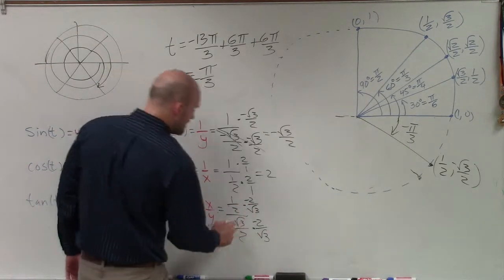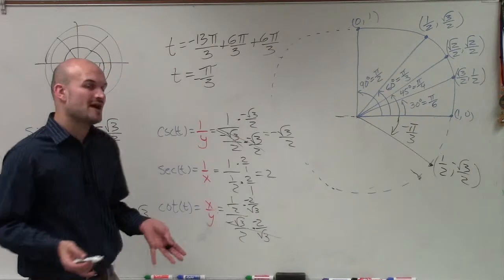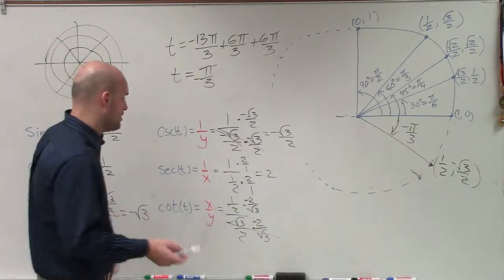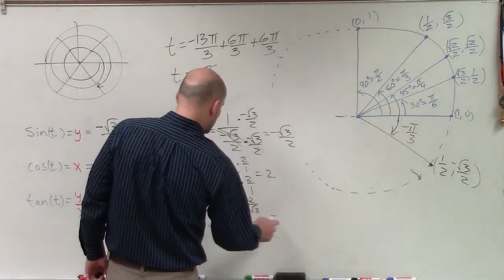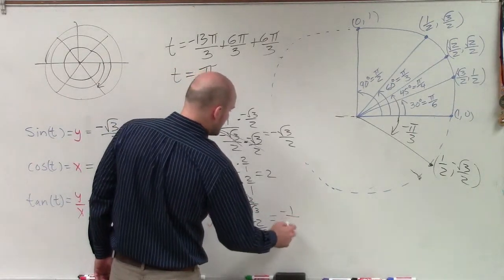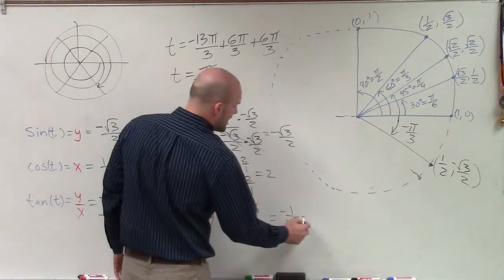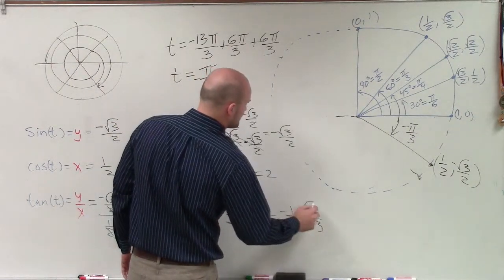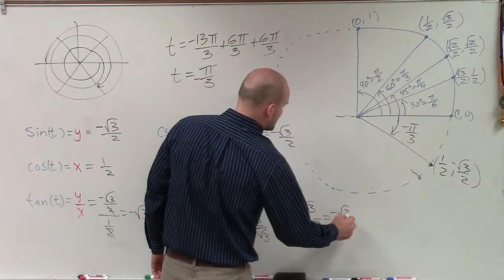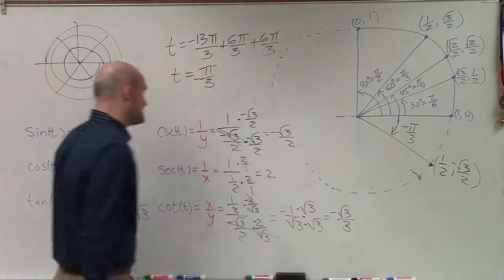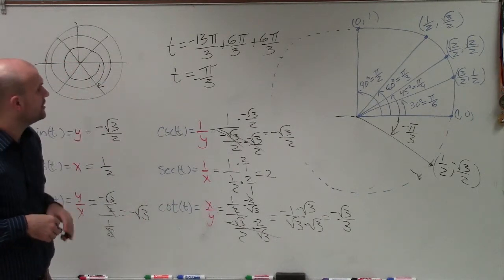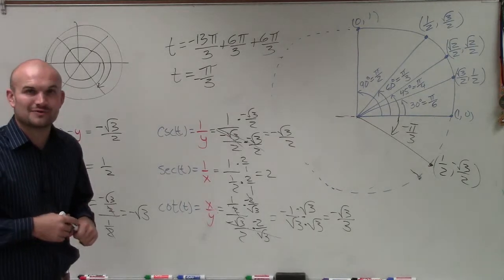When you do that, that multiplies to 1, because any number multiplied by its reciprocal is going to multiply to 1. Now here, the 2's divide into 1. So I'm left with a negative 1 over the square root of 3. Well, now I can rationalize my denominator by multiplying by the square root of 3 on the top and bottom. And I'm left with a negative square root of 3 over 3. And that's going to be your final value for the cotangent of your angle, negative 13 pi over 3. Thanks.